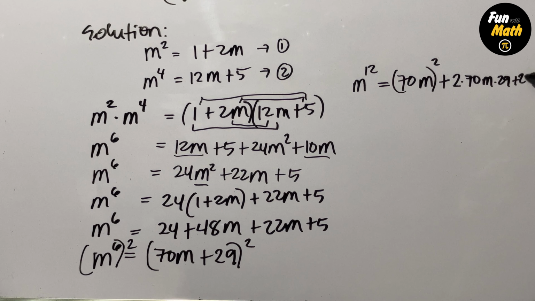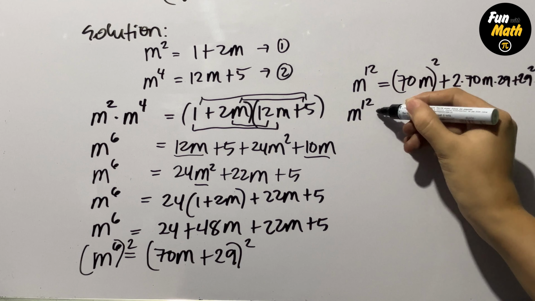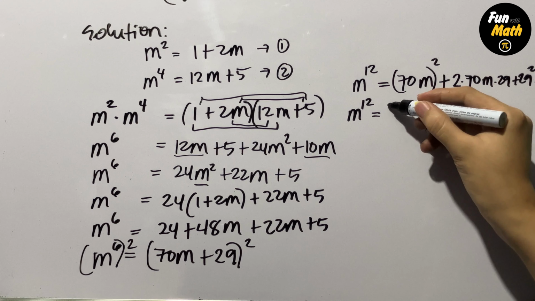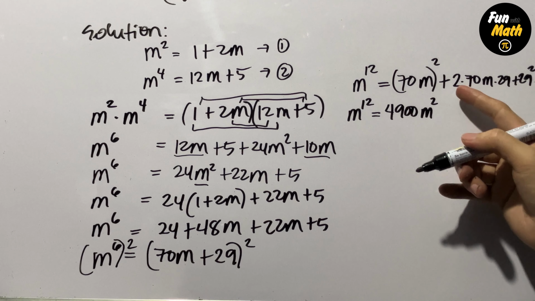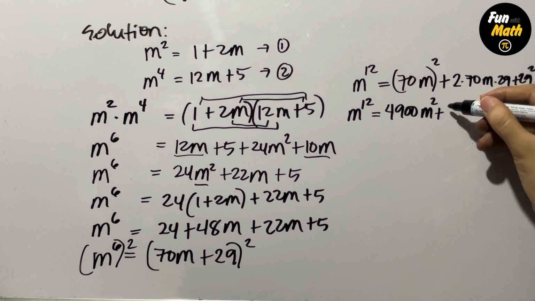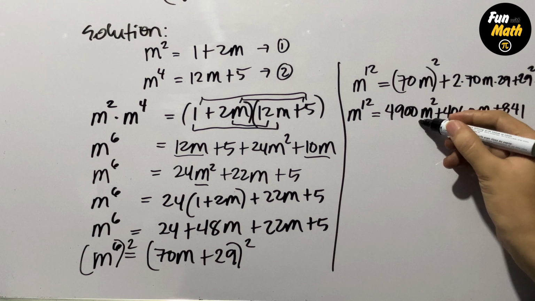So this is m to the power of 12 equals 70m to the power of 2 is 4,900m squared. And then 2 times 70m times 29, that is plus 4,060m. And then 29 squared, that is 841. So plus 841.